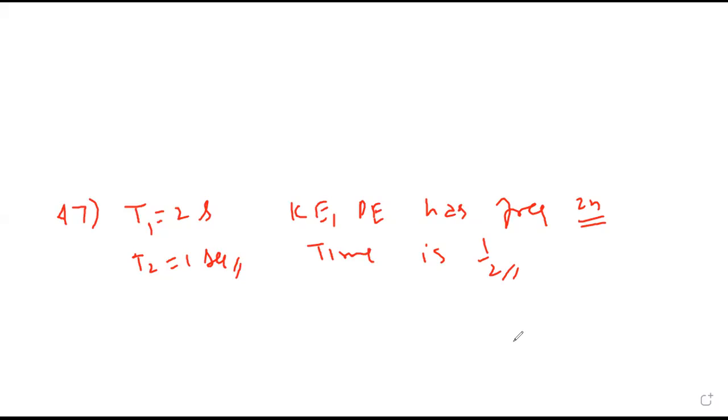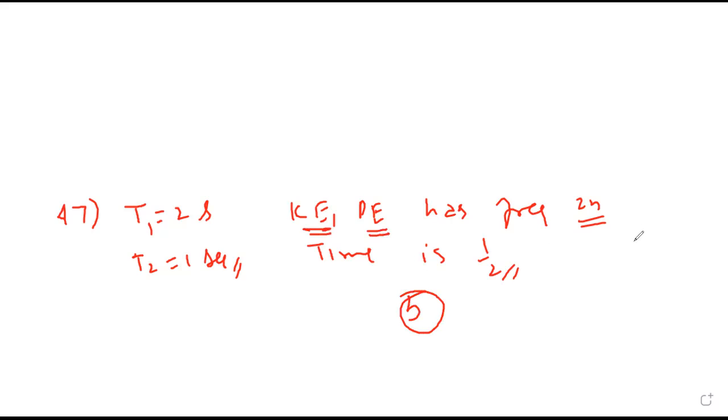The options are velocity, phase difference, and the difference between kinetic energy and potential energy. Which one is correct? B is the correct option.